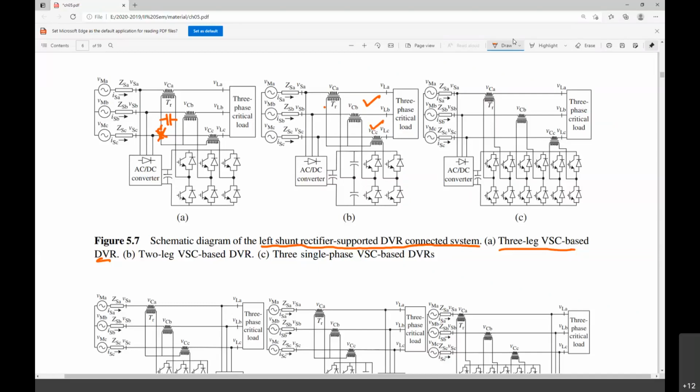See, the power current is flowing in this path. The current flows this path. And obviously after this, it has to go this way. Even the C phase current has to go, and then it has to go either this way or this way.